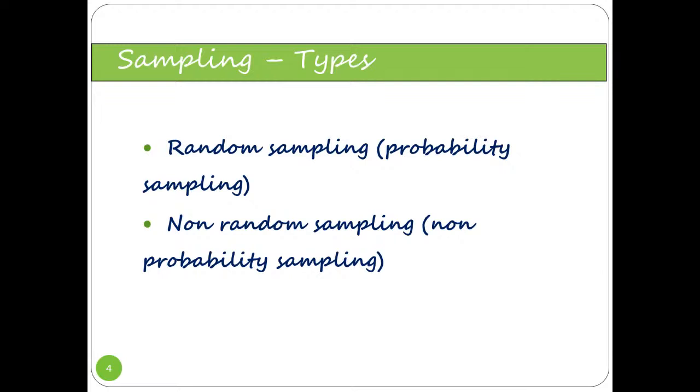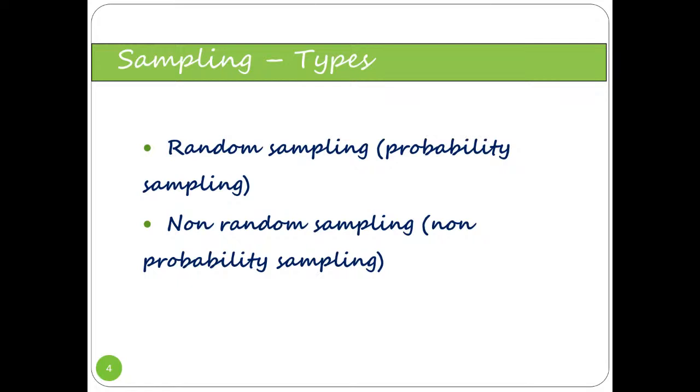Random sampling is also called probability sampling. Why? Because probability sampling has its own rules and principles which we have to satisfy, only then it will fit into a study.